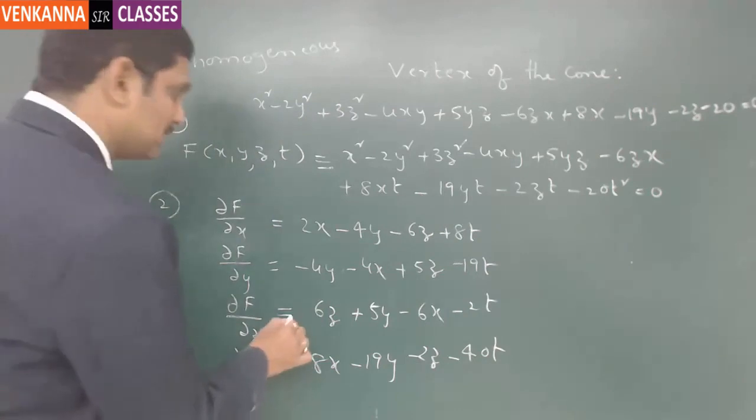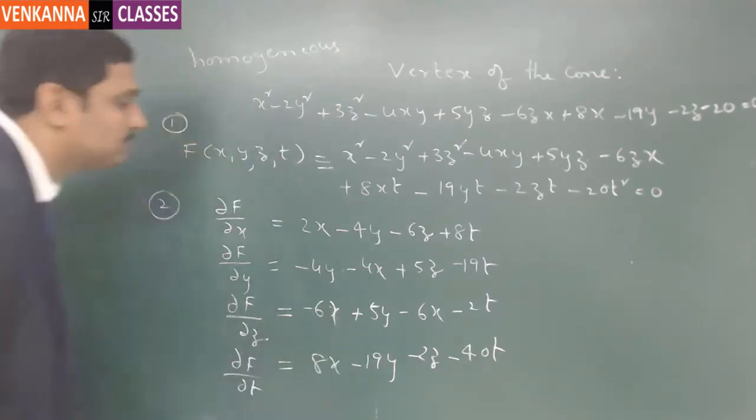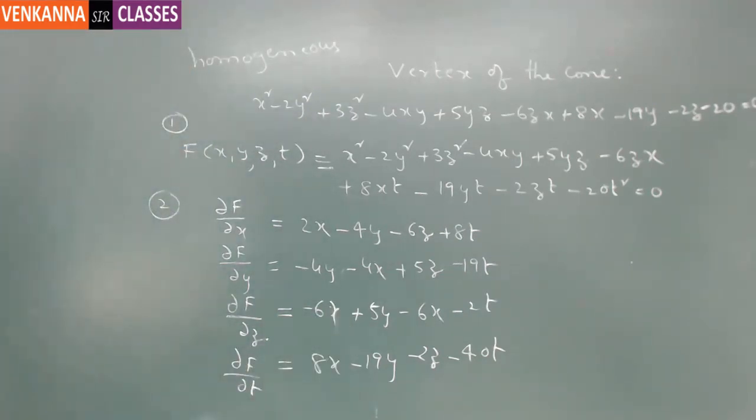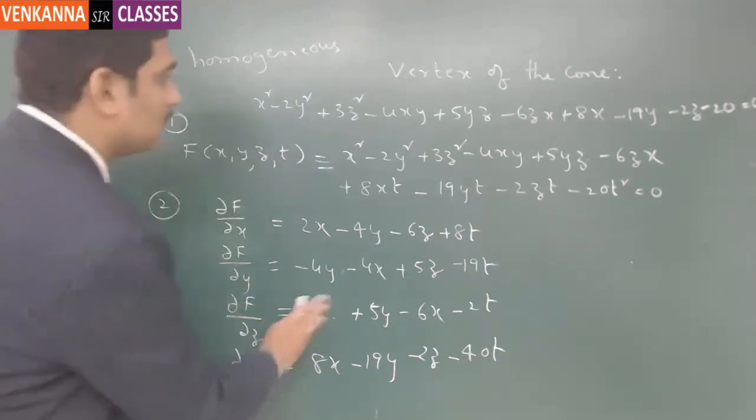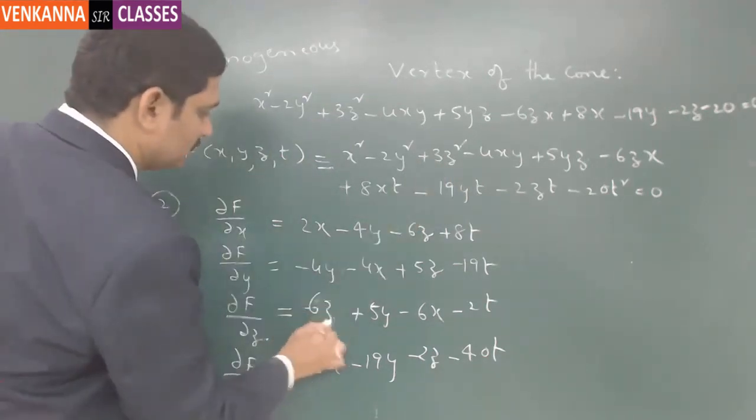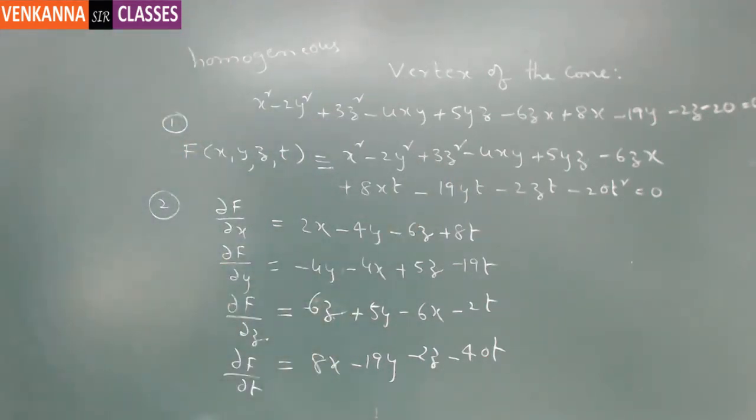So this will be minus 6x, right? That is actually what we are doing here. I think, yeah, just 6z, right? Right. Fine.